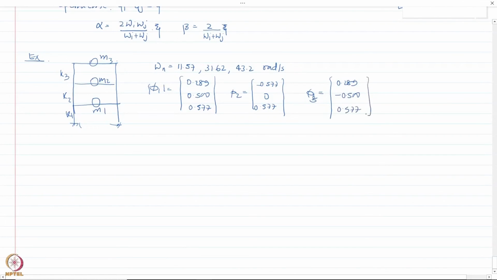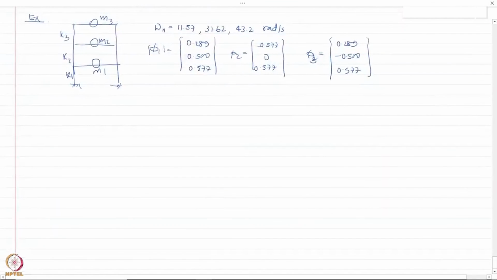So the mode shapes are also given, and it says that for the first two modes the damping values are given as 5%. We need to find out what the damping ratio would be for the third mode. Okay, so take 10 minutes and solve this problem, then we can discuss.